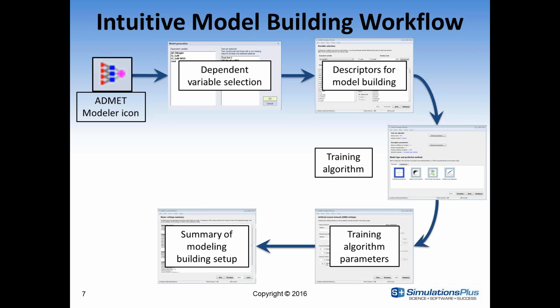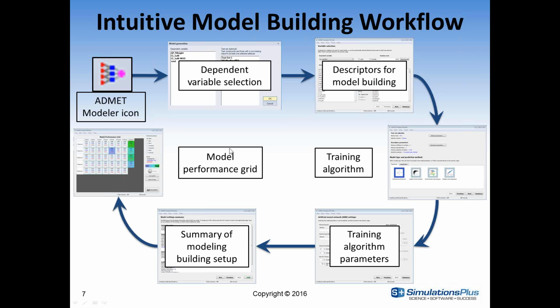Next brings up a dialog box with a summary of the model building steps, so you can check what you've specified in these previous steps. If something is incorrect, you can go back through these and correct them. And then finally you would create the models, select the best model, export it, and save it for future use.